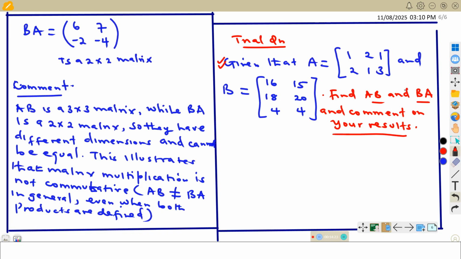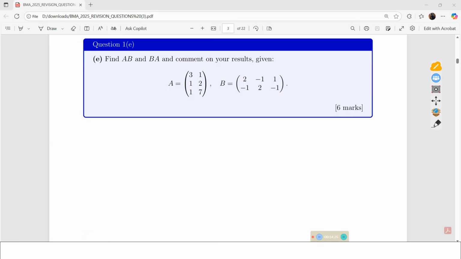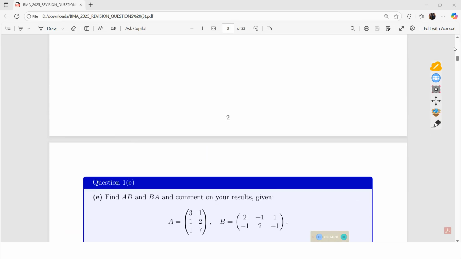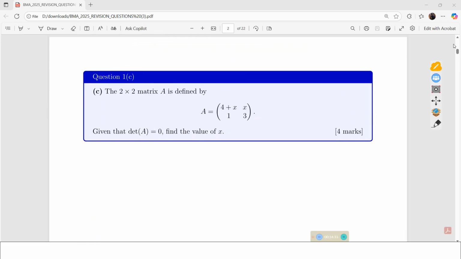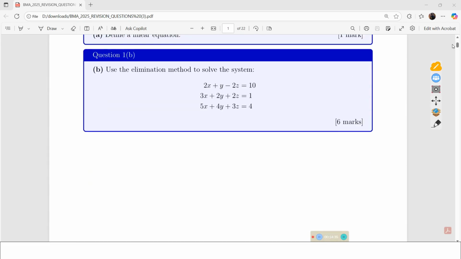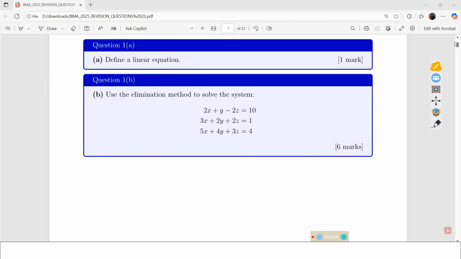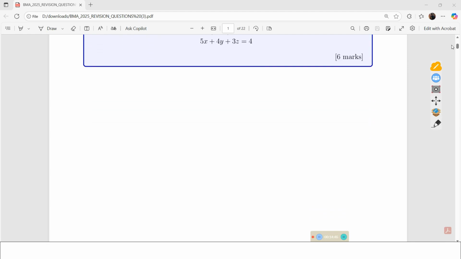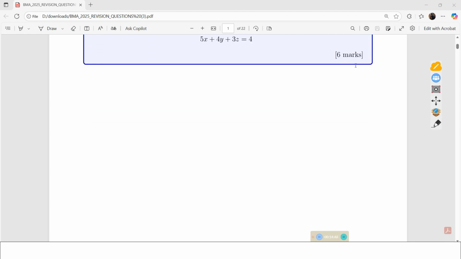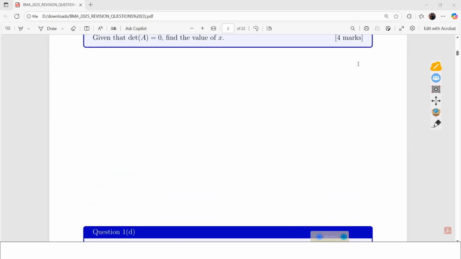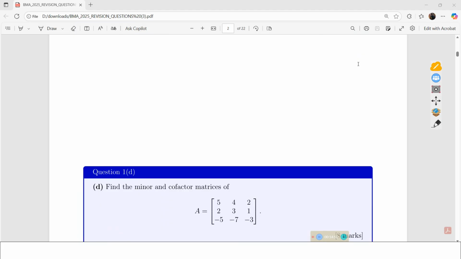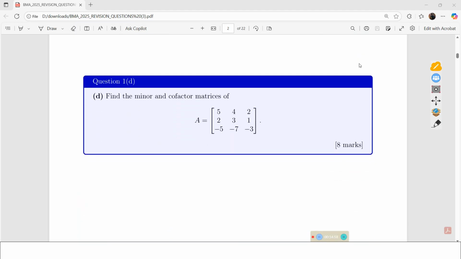That is all about question number 1, which had part A up to part E, and this question takes an overall of 25 marks. With that, you should now be in a position to solve similar problems whenever they arrive in the question paper. That is all for question number 1, and we shall meet in question number 2.